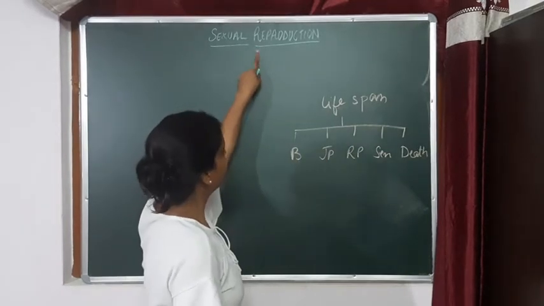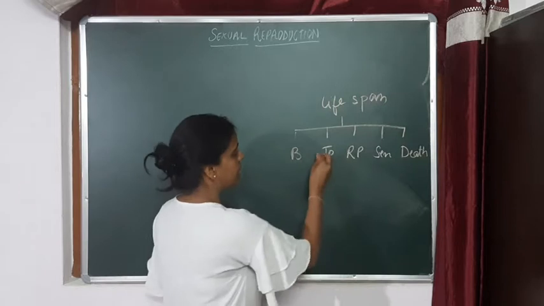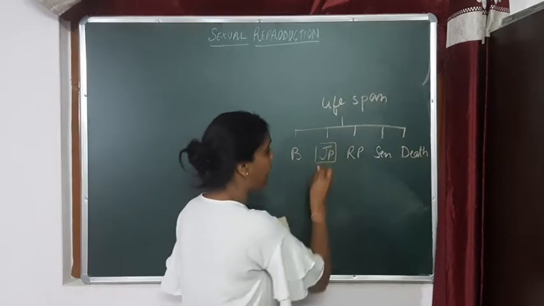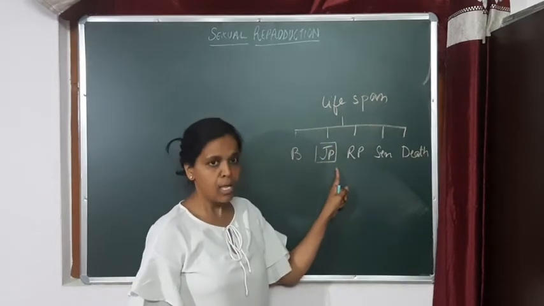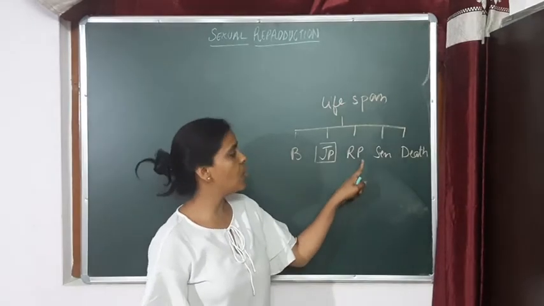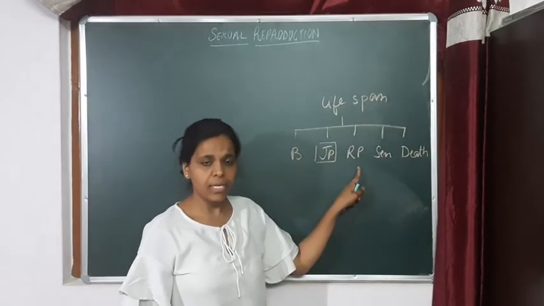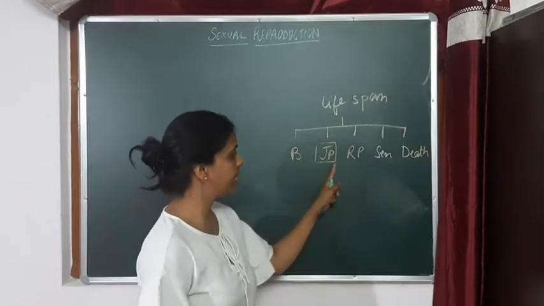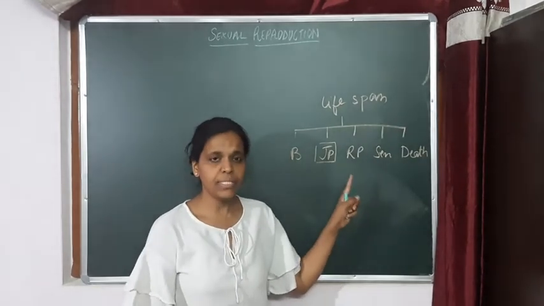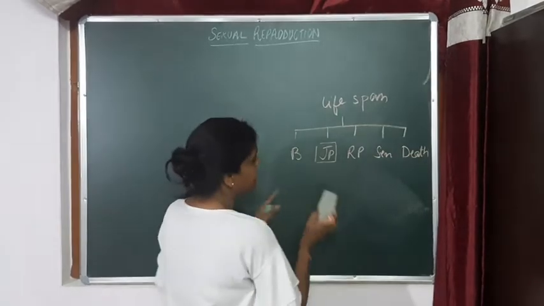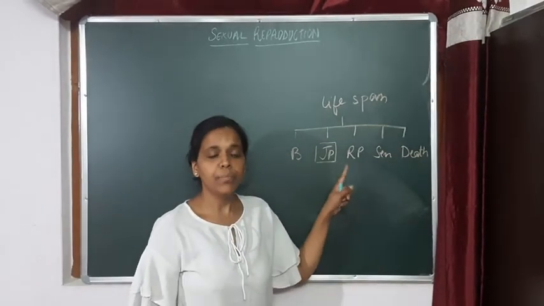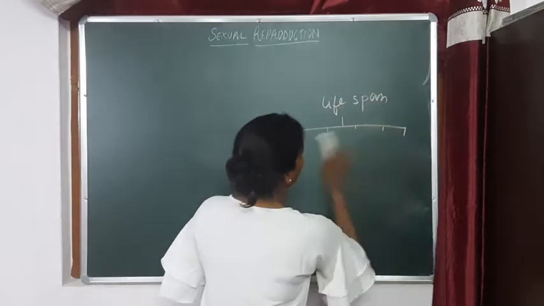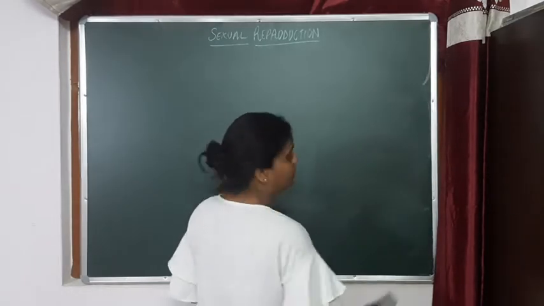The end of the juvenile phase marks the beginning of the reproductive phase. So the reproductive maturity is attained after the juvenile phase. And in plants, this reproductive maturity which is attained is called vegetative reproduction.